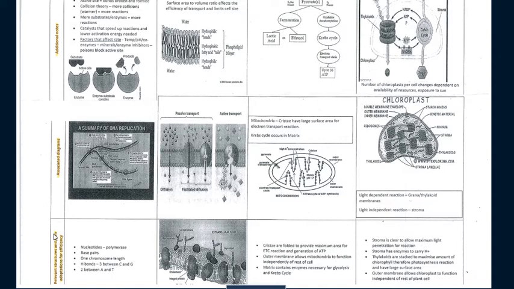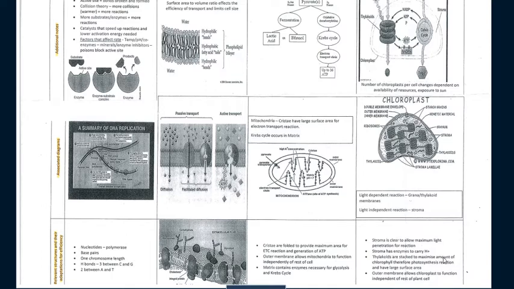Now, we're looking at the relevant structures and the adaptations for efficiency. So that's actually a great adaptation that the chloroplast has, that the stroma is clear, so it allows for maximum light penetration for the reaction. The stroma has enzymes to carry hydrogen, and that's a really important feature here.